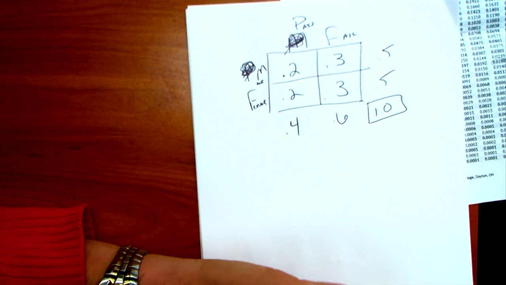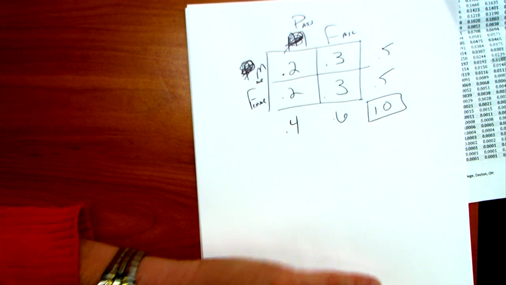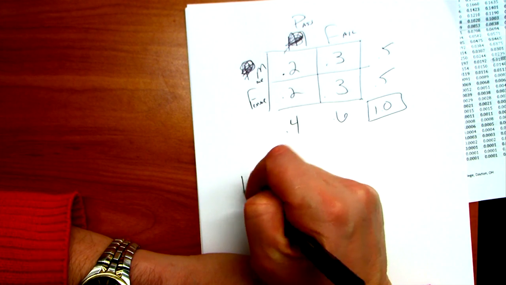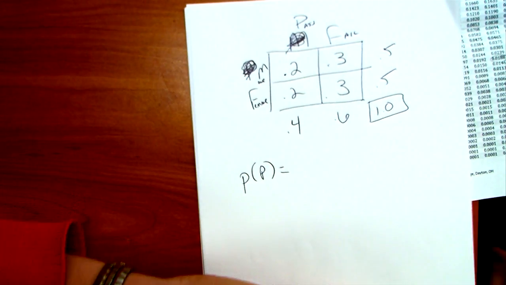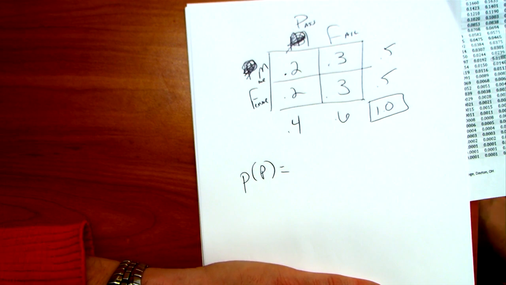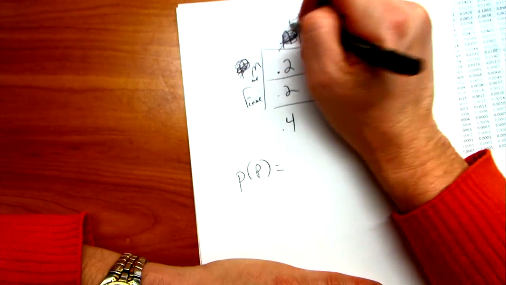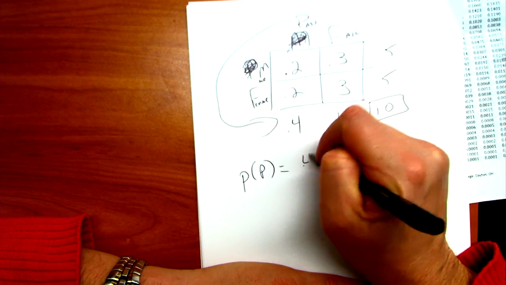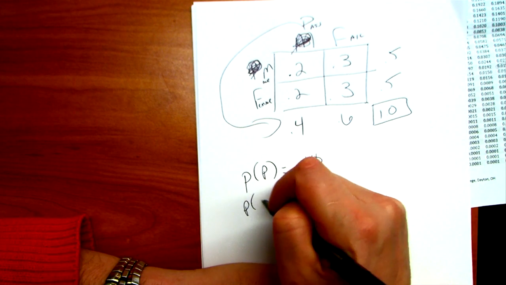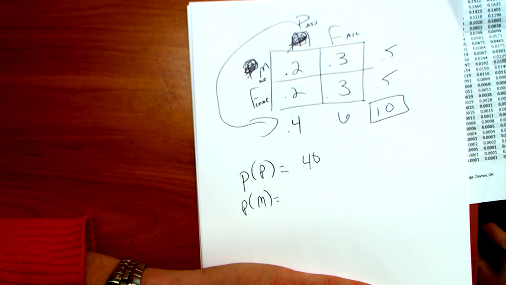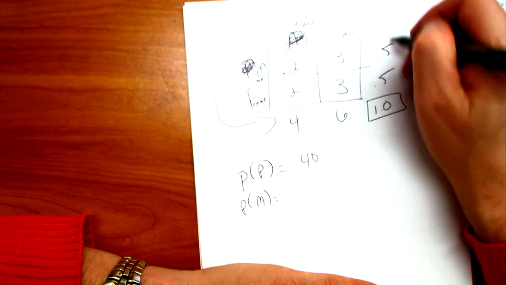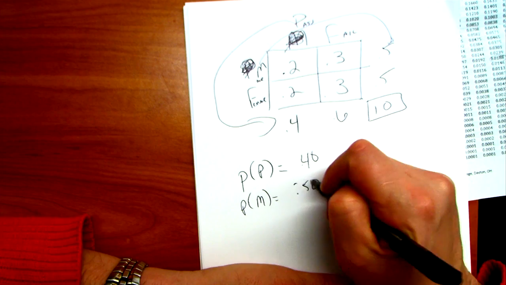Okay? So if I asked you, what percentage of people pass Science 101, what would you tell me? Where do you look for that? Into the margin, and you say 40%. What percentage of students are male that take Science 101? Where do you look for that? Into the margin, 50%.